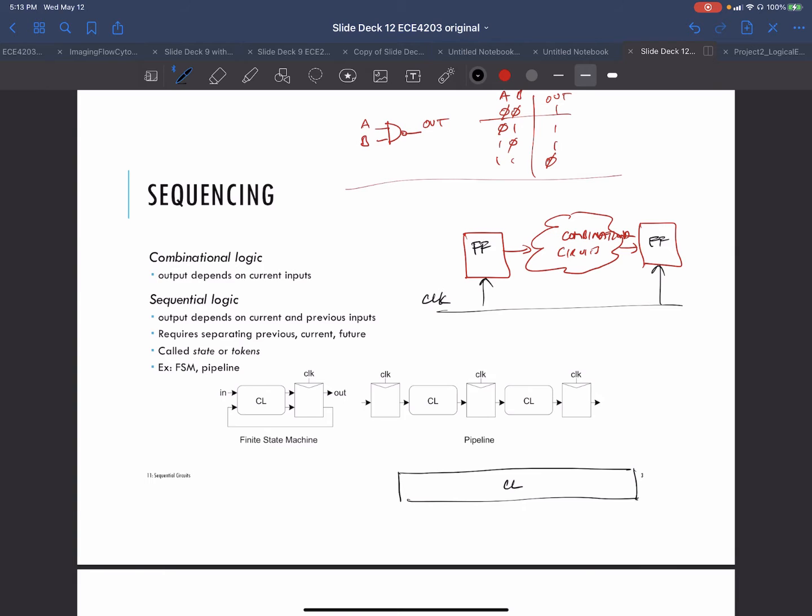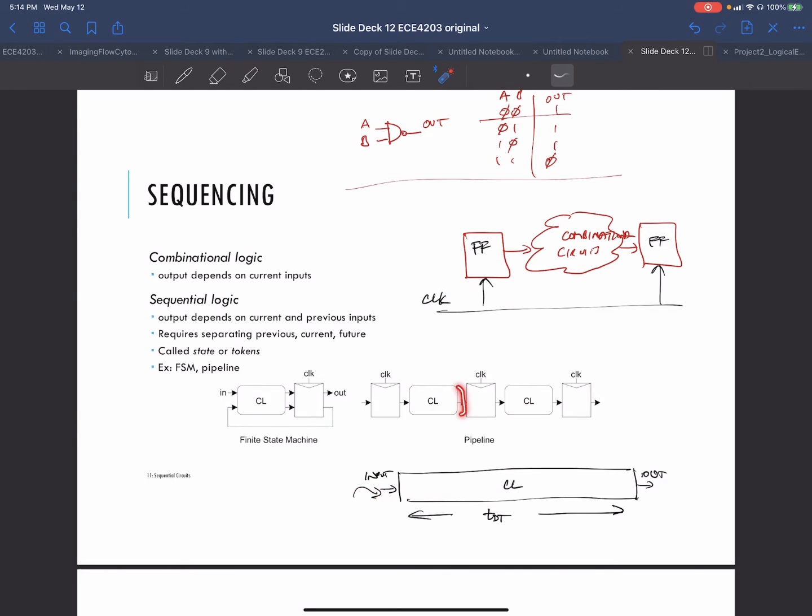If you kept it as a long combinational circuit, you had your input and your output, you would have to wait this entire time, T delay total, which is the total amount of time going through this combinational circuit, before you fed in the next input.